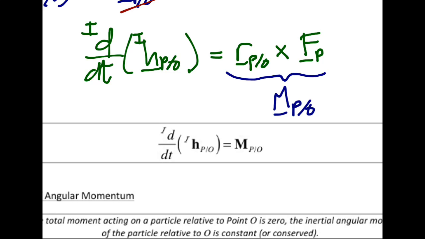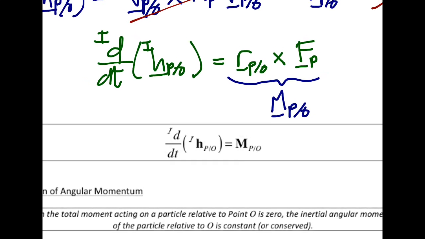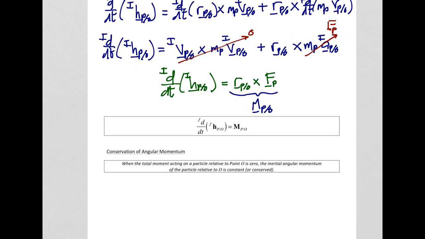And that's the important piece here: this is Newton's second law, but in a rotational form. It's in the form of angular momentum. And we're going to see how valuable that is in the next example that we do.